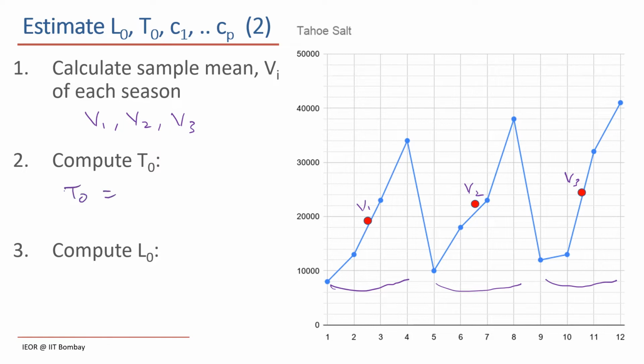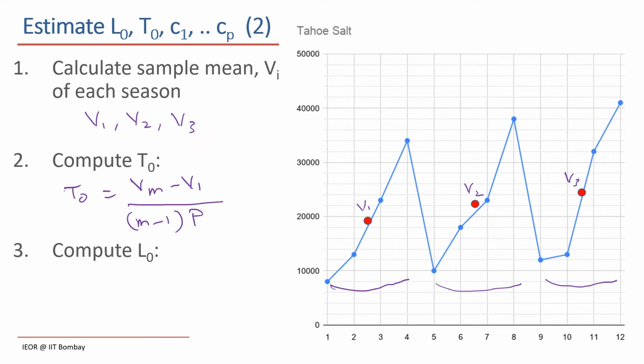So T0 can be given as (V_m minus V_1) divided by (m minus 1) times P. We could have used V2 and V1, but for generalized purposes, let us take the first point and the last point: V_m minus V_1 divided by (m minus 1) times P.